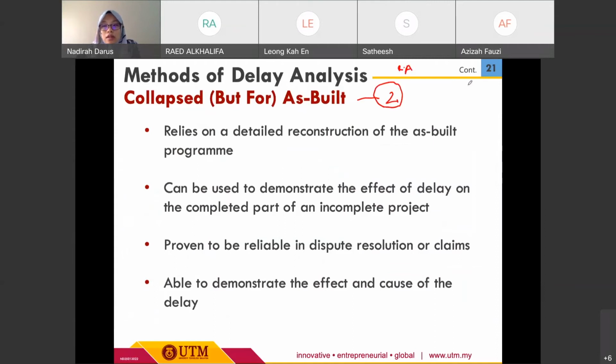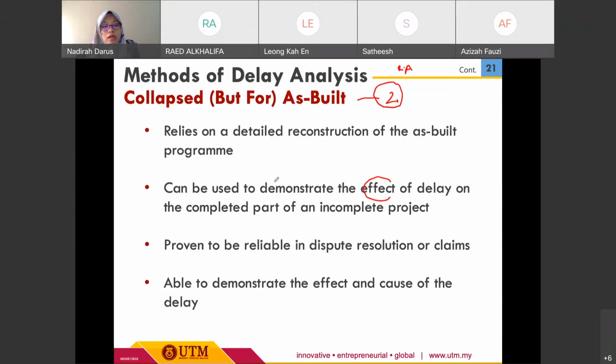Still for the first category, the second method relies on the detailed reconstruction of the as-built program. This second method can be used to demonstrate the effect of the delay on the completed part of an incomplete project.